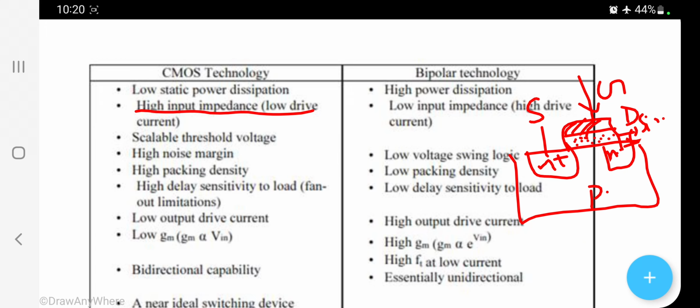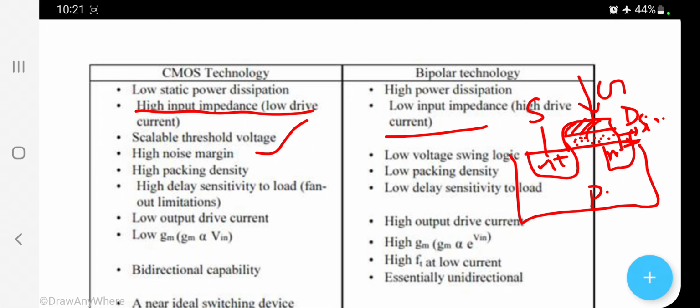is because of silicon dioxide. Obviously an insulator gives very high input impedance, whereas in bipolar technology no silicon dioxide is present, so it is going to have low input impedance. So the current required to drive the bipolar is much higher, whereas with low drive current, smaller values of drive current, we can operate the MOS transistor, NMOS or PMOS. Now, scalable threshold voltage.